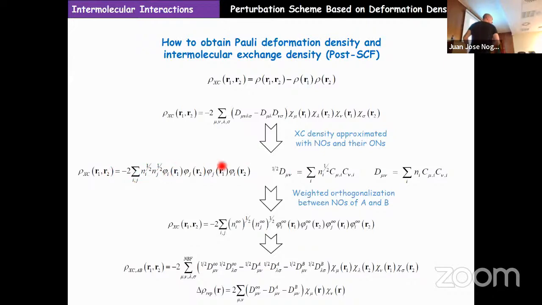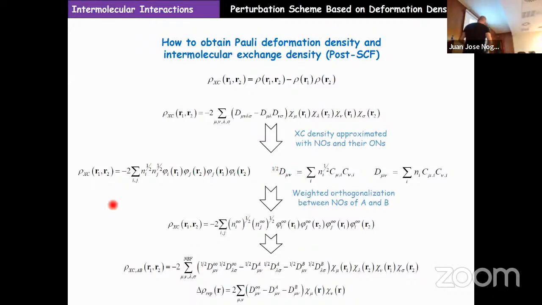The idea is to work with natural orbitals. You know what the natural orbitals are: those that diagonalize the first-order density matrix. We use an expression similar to Hartree-Fock SCF, but using natural orbitals, which include electron correlation. These are correlated orbitals.